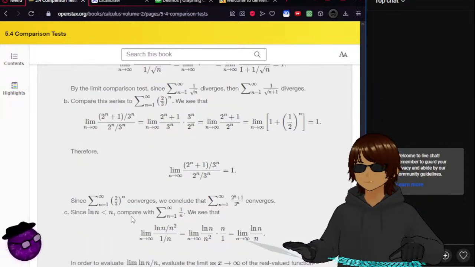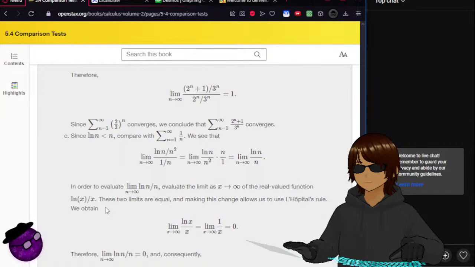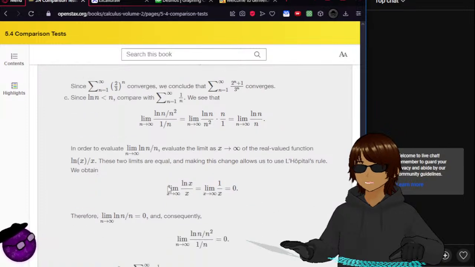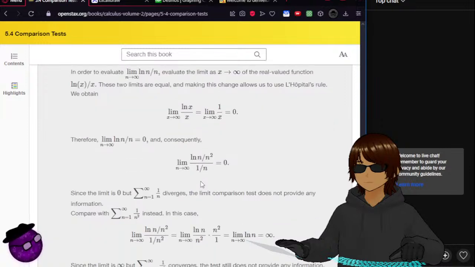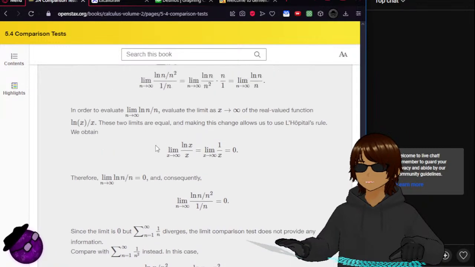Since ln, compare this with... okay, what are they doing? They applied L'Hopital's rule. Oh, they failed with 1 over n.